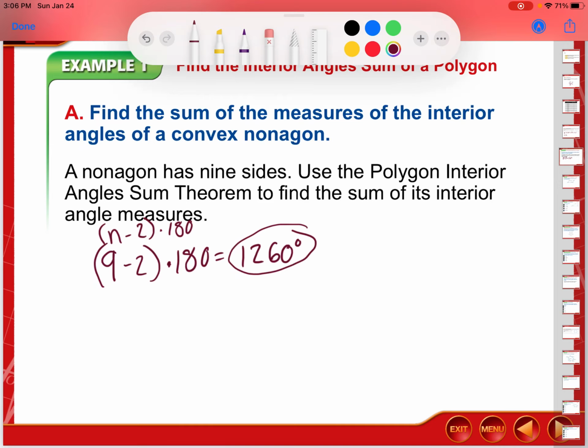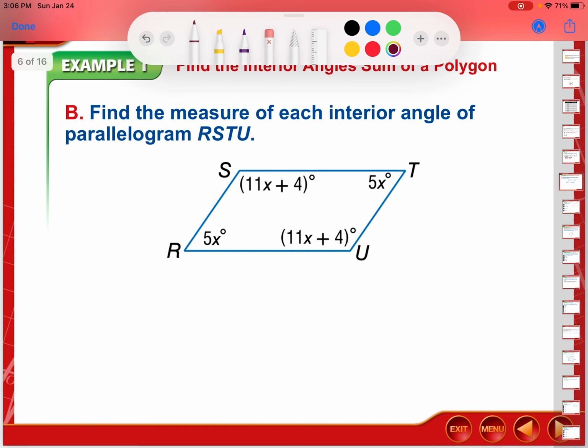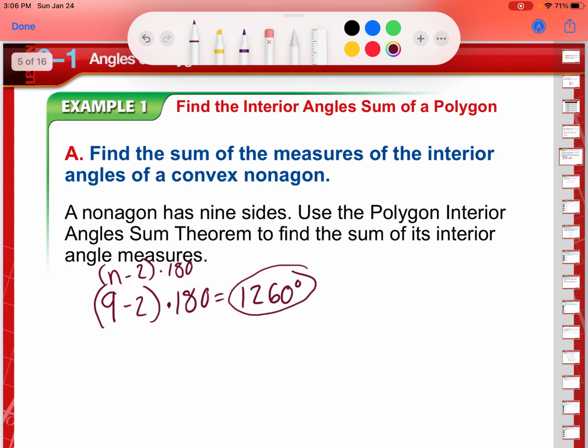Now, continuing. So all we needed was that formula. Now, if they said something like, find an interior angle of a regular nonagon. A regular nonagon means all the interior angles are the same measure.